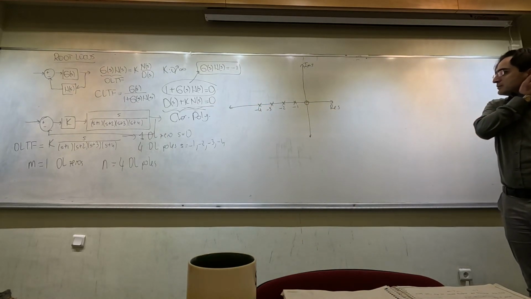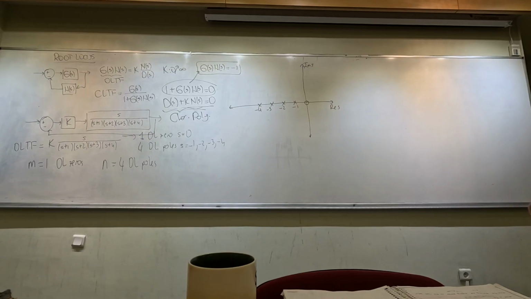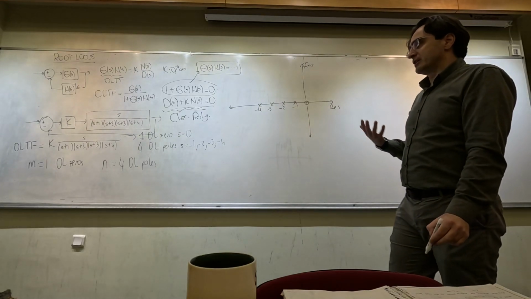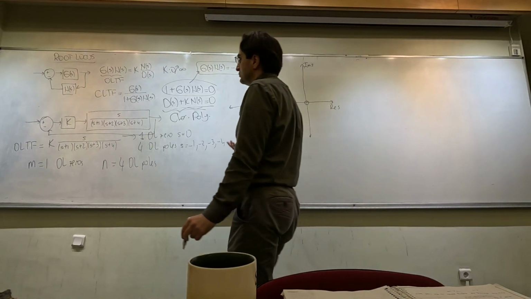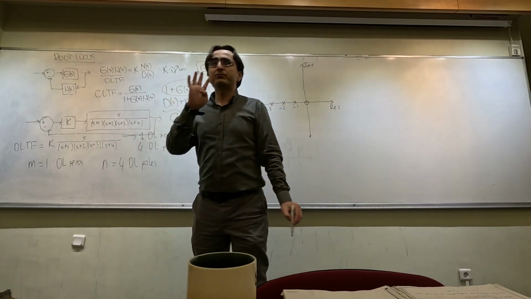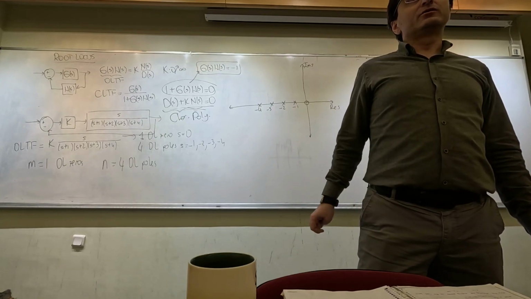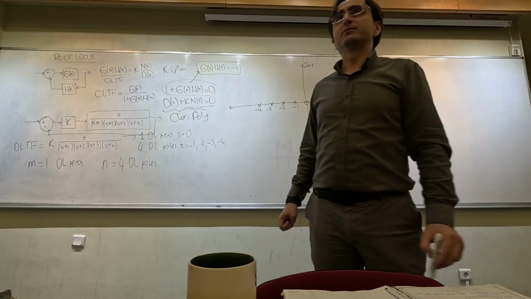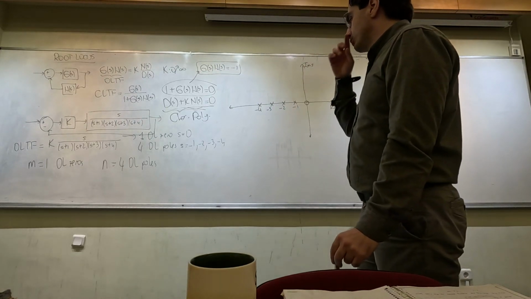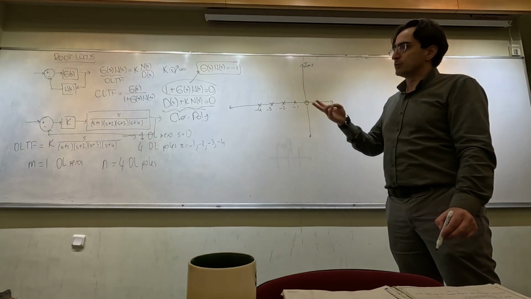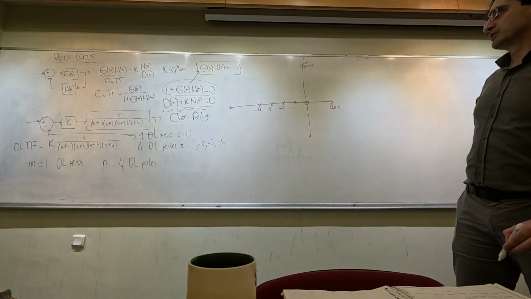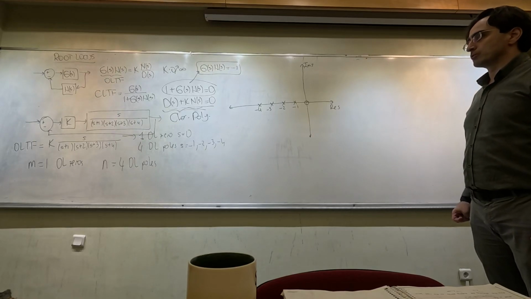So here, remember when we try to draw the root locus, we generally try to derive some rules. And using the first four rules, we can draw almost any root locus. We can come up with a reasonable approximation. And the remaining two rules will be some details related to the root locus.